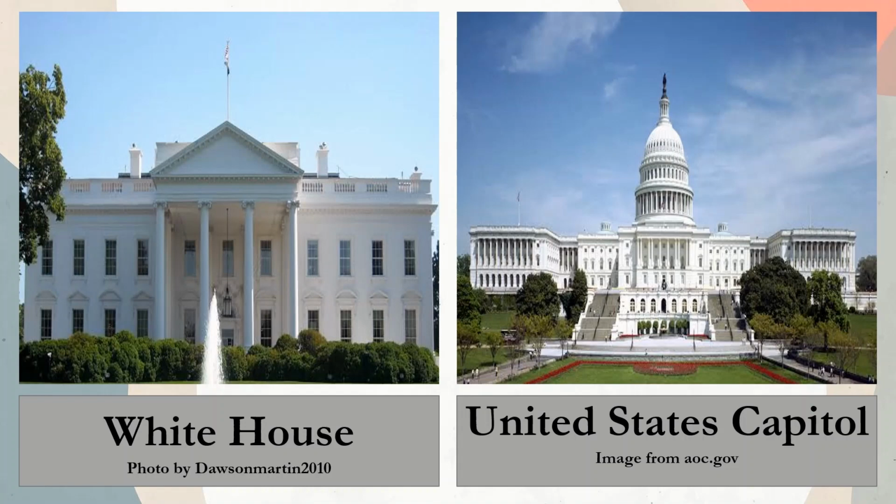Here are the examples of Palladian style architectures designed by Robert Adams. So we have here the White House and the United States Capitol. These mansions illustrate that while Palladian architecture shares certain basic features derived from the Villa of Palladio, it takes diverse forms.